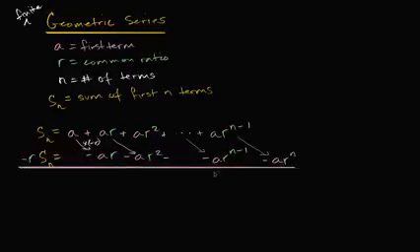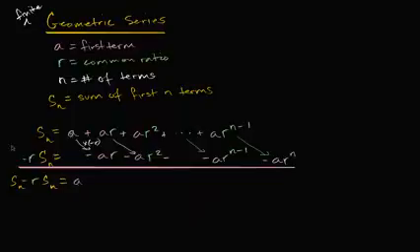So let's do that. On the left-hand side, we get S sub n minus r times S sub n. And on the right-hand side, we have something very cool happening. Notice, this a, we still have that. The a sits there.